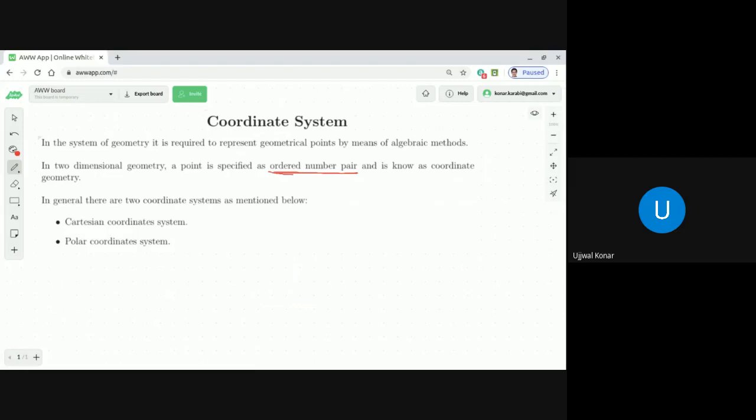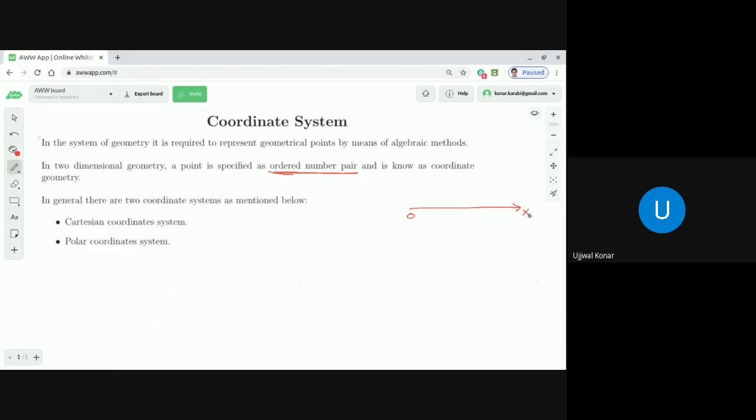Instead of two axes, x-axis and y-axis, assume that you do not have any y-axis, you only have the x-axis. How do you represent a point? Suppose this is the origin and this is the x-axis.